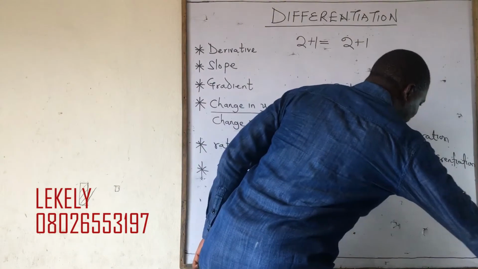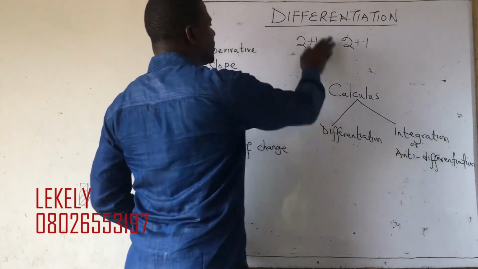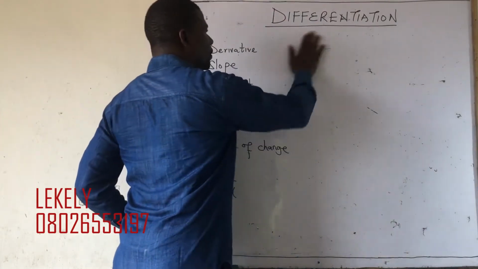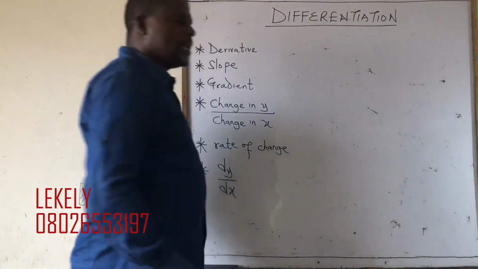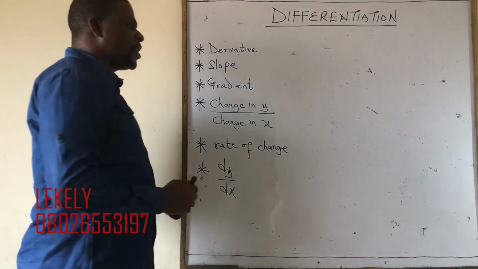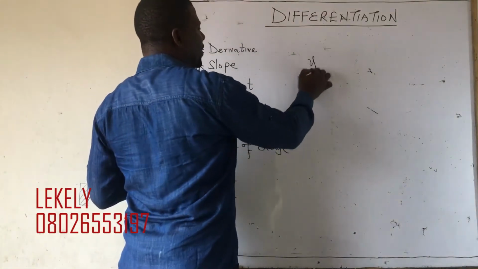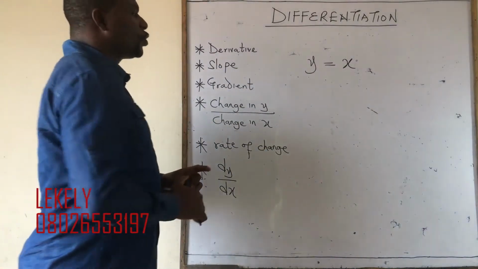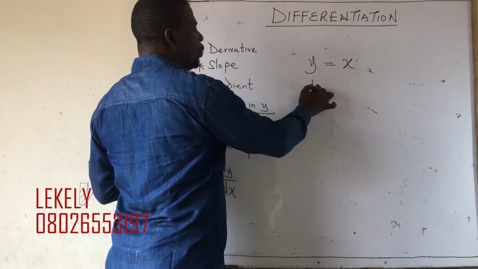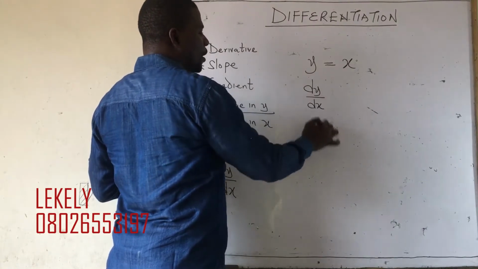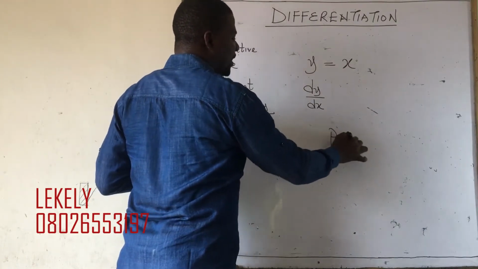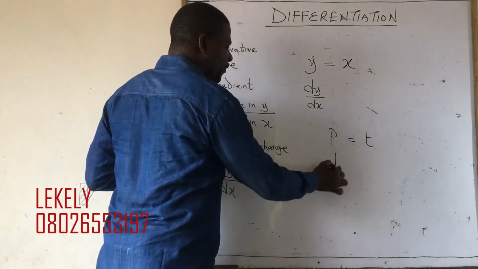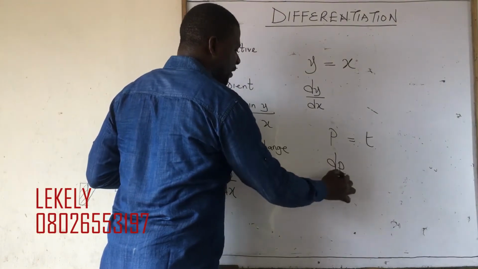And then you must have an understanding that when we are talking about differentiation, if I have y at my left hand side and x at the other side, what I'm going to be looking for is dy dx. But let's say I have p and then I have t at the other side and I want to differentiate. What I'll be looking for is dp dt.